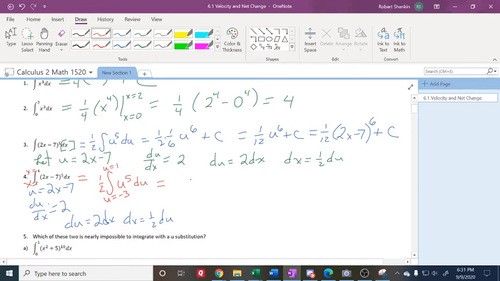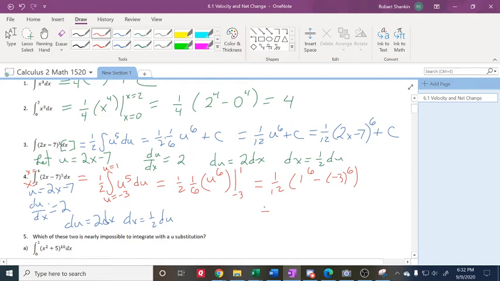Then you're going to get 1/2 u to the 6th over 6, but the over 6 I'll put in like this. I'll take everything but the constants and I'll evaluate that from -3 to 1. So this is going to be 1/12, and then you do the upper one first, 1 to the 6th minus -3 to the 6th.